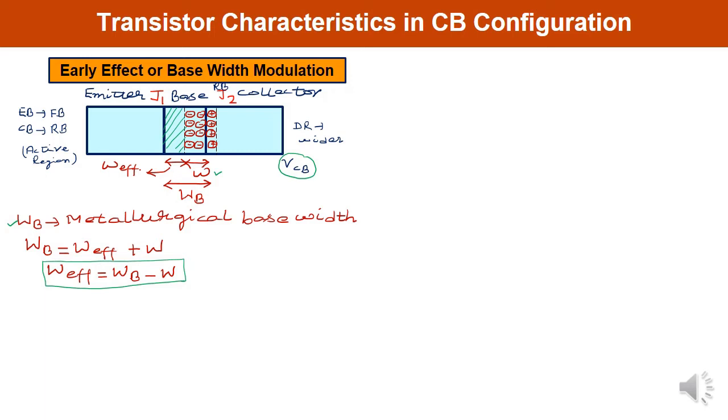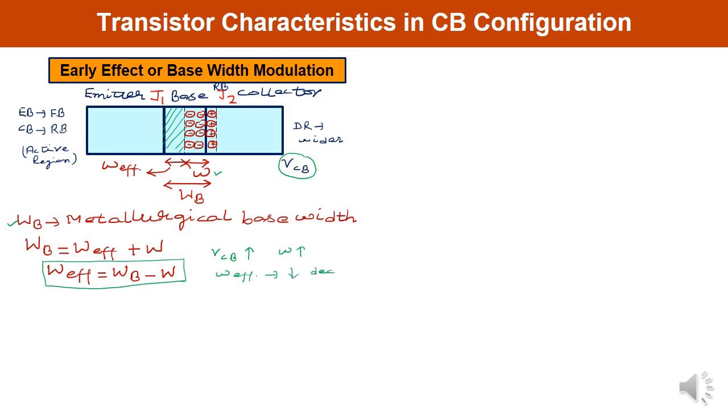It means when you are increasing VCB, see how it is going to vary. When you increase VCB, reverse bias is increased, the depletion layer will be wider, and it means W will increase. So when W increases, the difference WB minus W, that is W effective, will decrease.